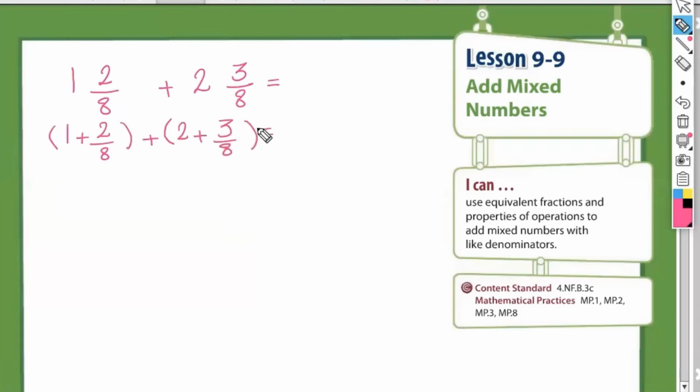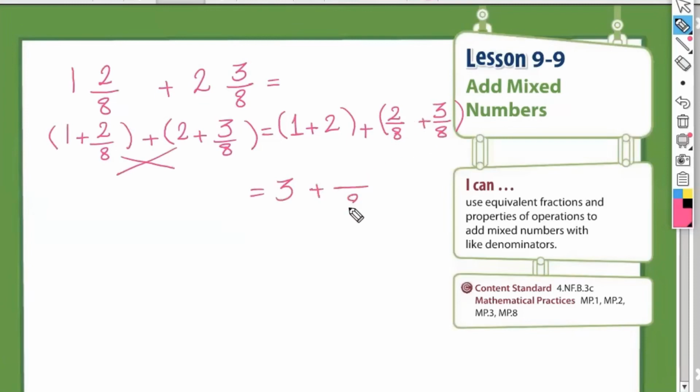In this step, I will use addition properties to combine or group the whole parts together and the fraction parts together. I will change the order of these addends. I will put 1 plus 2 here, and 2 out of 8 plus 3 out of 8 here. 1 plus 2 equals 3, and we have the same denominator, I will put it here. 2 plus 3 equals 5.